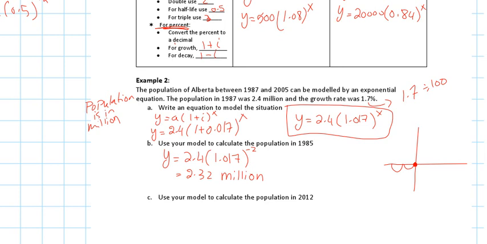So if you don't know how to enter it in the calculator, it's time to ask. So 2.4 times 1.017 power negative 2. You have to do this first.